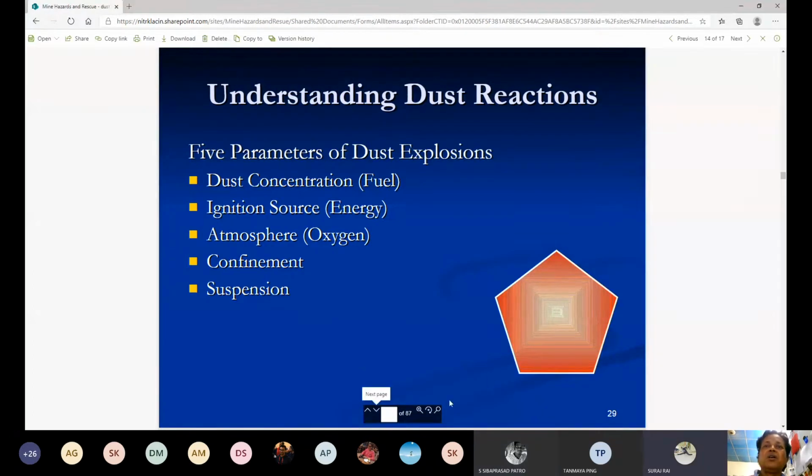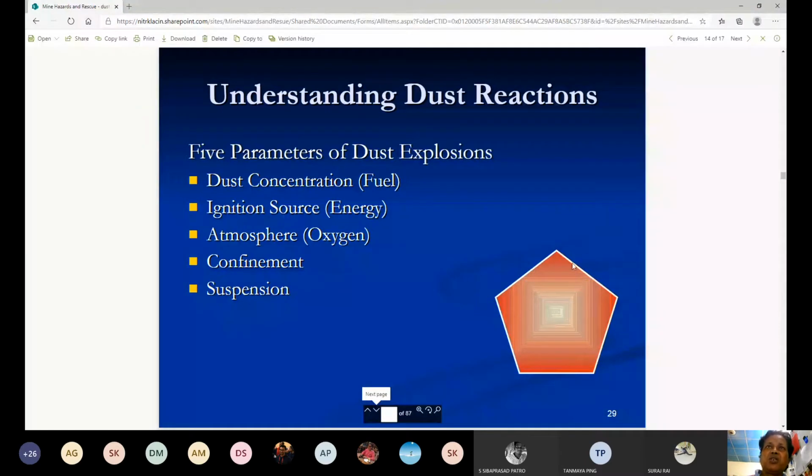There are five parameters of dust explosion. This is the pentagon. Five sides are there: one, two, three, four, five. All five sides represent one parameter each. This is the dust concentration, the fuel, your coal dust.